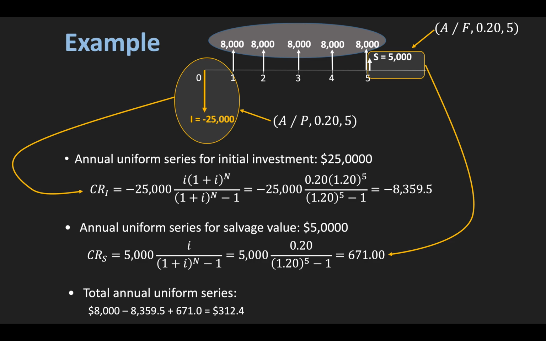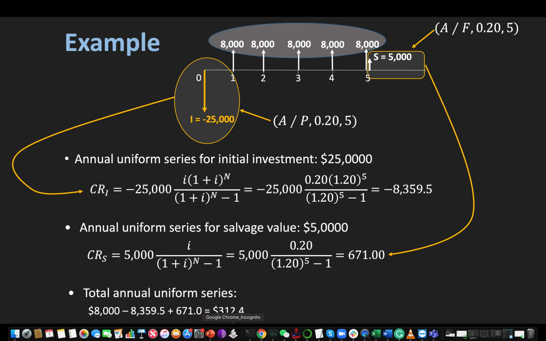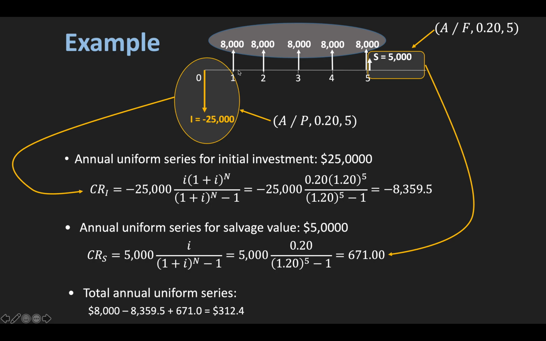Total annual uniform series. And so basically now it's become year 1, year 2, year 3, year 4, year 5. Each year you have $312.4. If you convert that to present value, that's going to be $934 something, right?